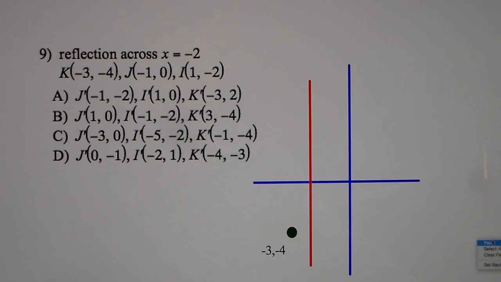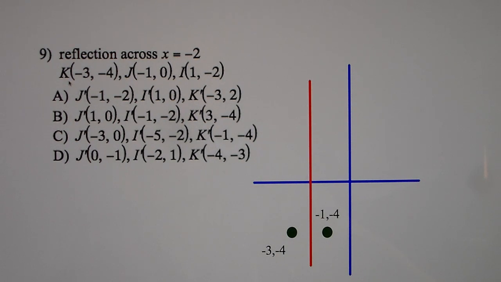When we reflect it, we know it's 1 to the left, so that means we're going to go 1 to the right. Since this line is at -2, 1 to the right, -2 plus 1 gets us -1. And this also stays at that same height of -4 since we're just reflecting. So this new dot is (-1, -4).